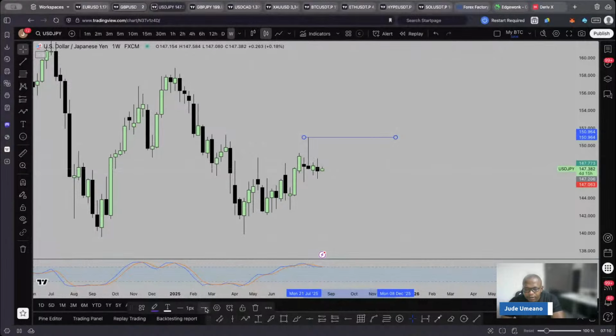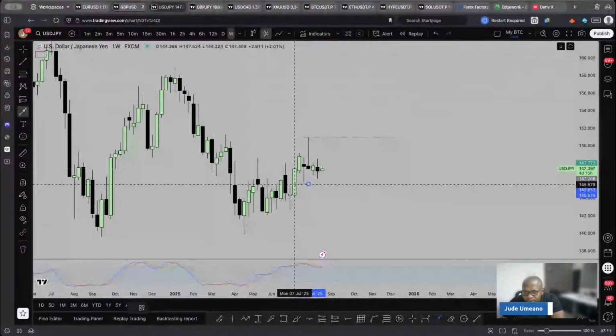I like to use the dash line to mark my weekly. Then here you can see an imbalance. It's a fair value gap on the weekly.